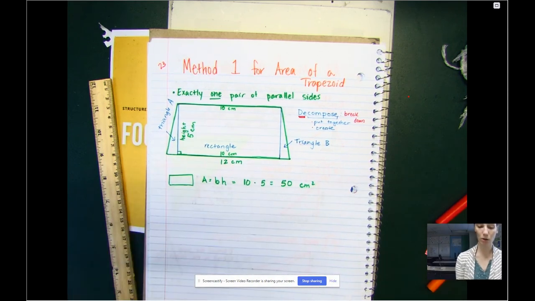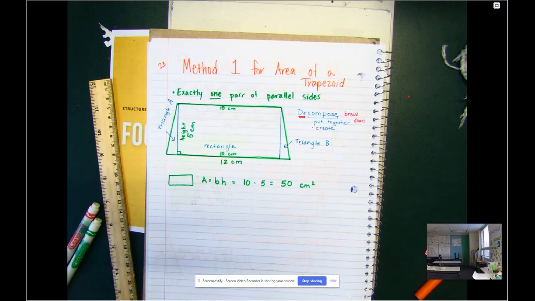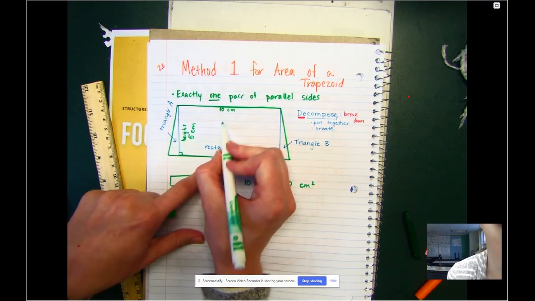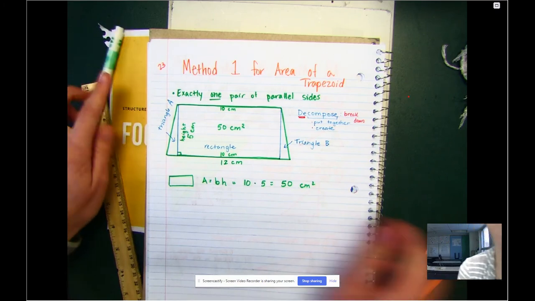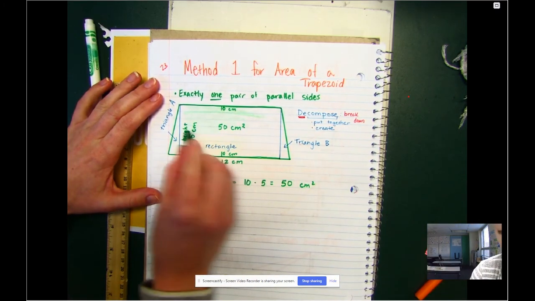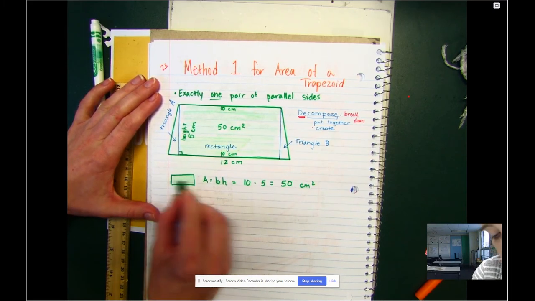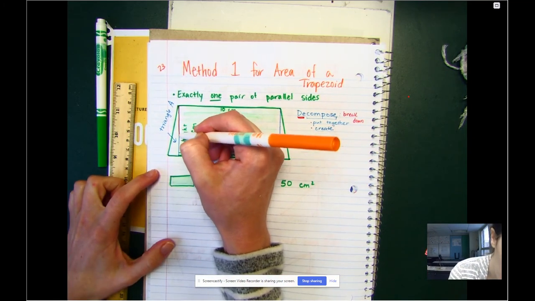Okay, so I know so far that this, I wish I had a crayon or a colored pencil. Hold on. Okay, so I know so far that this middle part, the rectangle part, has an area of 50 centimeters squared. And I'm going to shade it in so that we know it's been taken care of, right? Right here. Okay, let's look now at triangle A, right here.